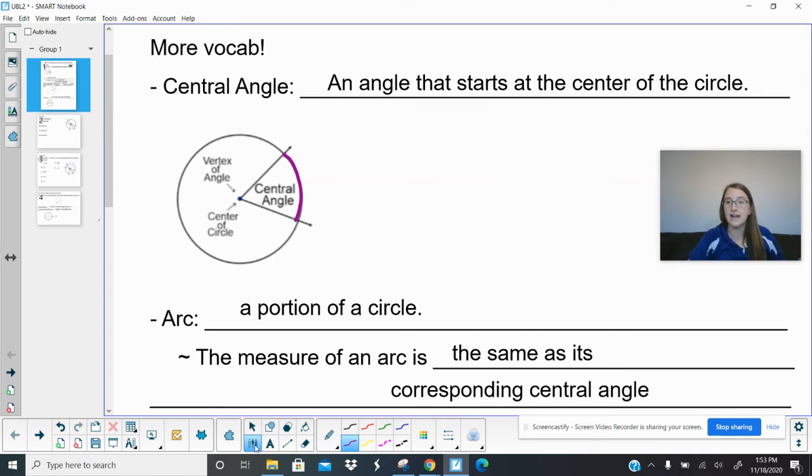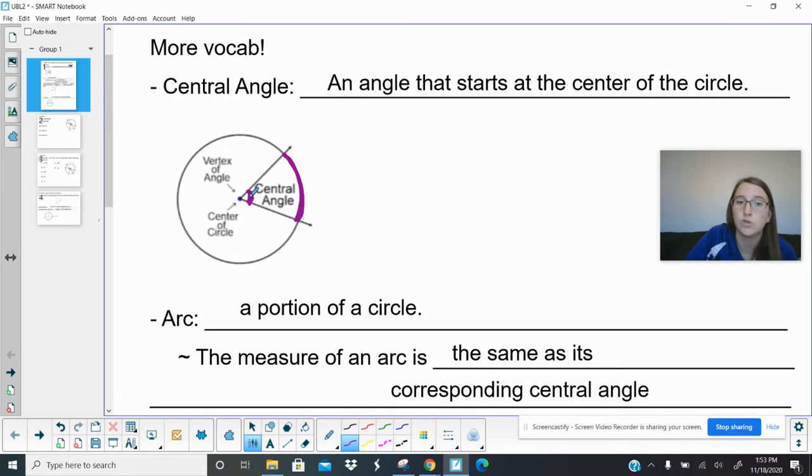Now, a measure of an arc is the same as its corresponding central angle. So we can say it as a number of degrees, right? Because if a whole circle is 360 degrees, we can measure arcs in degrees as well. So this is a chunk of 360 degrees. Again, the whole thing is 360. So whatever this angle is right here, it's going to be the same measure as this.